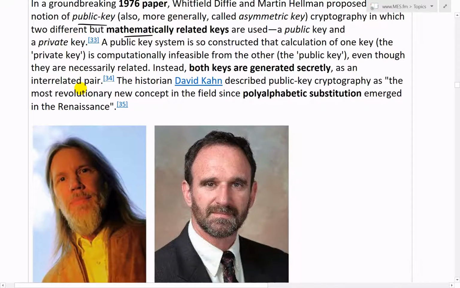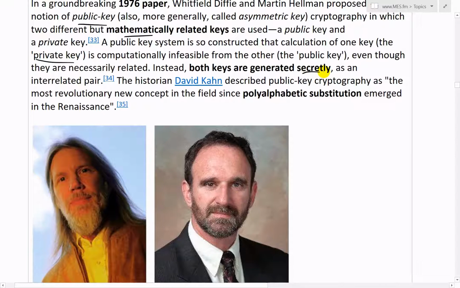A public key is so constructed that calculation of one key, the private key, is computationally infeasible from the other, the public key, even though they are necessarily related, again easy to compute one way, difficult in the other. So you can't just calculate the private key if you know the public key, because that's public. Instead, both keys are generated secretly as an interrelated pair.